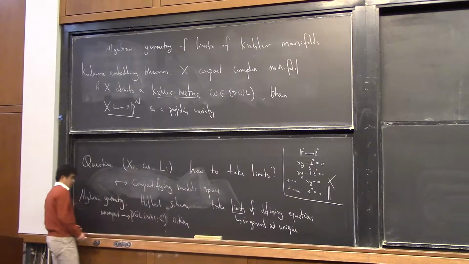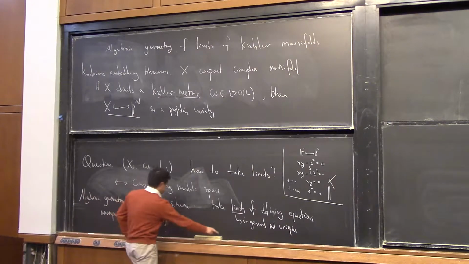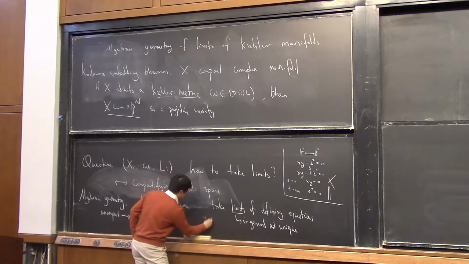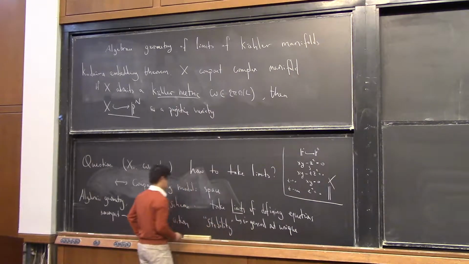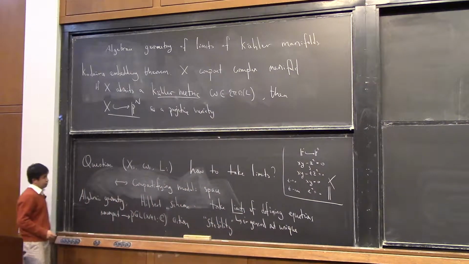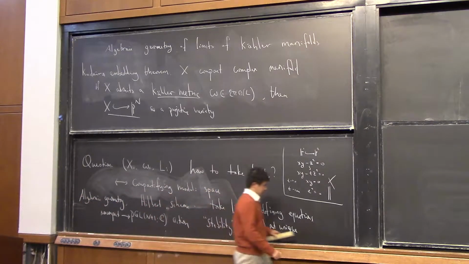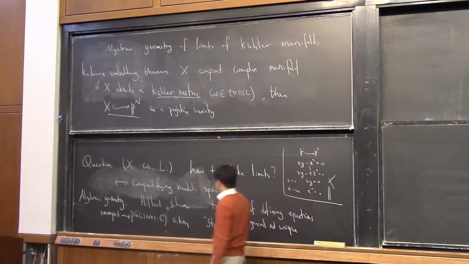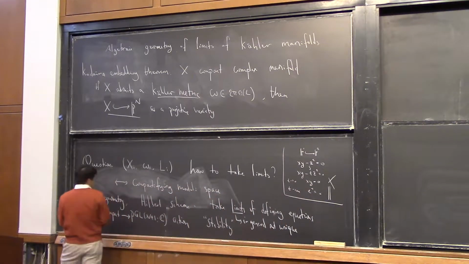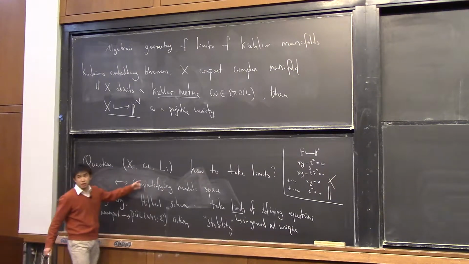And to get around this problem, there's a notion of stability in algebraic geometry. So we have to choose the good orbits in the Hilbert scheme, and then we can get a meaningful compactification of the moduli space, so we can take limits.